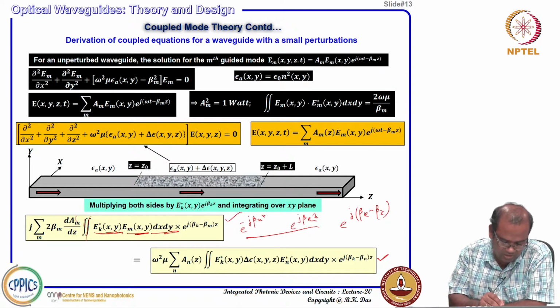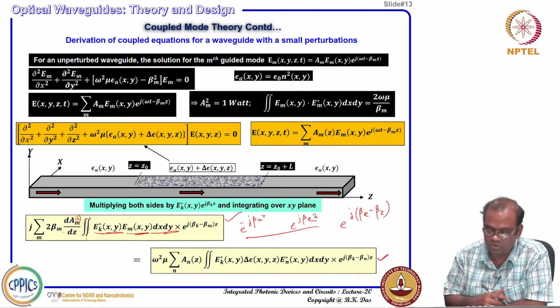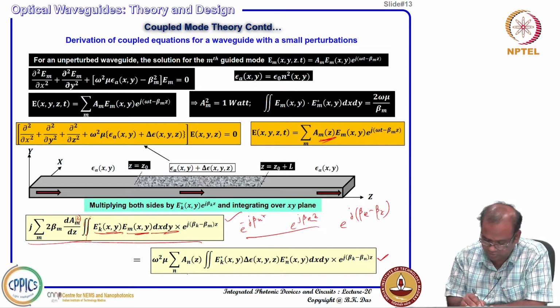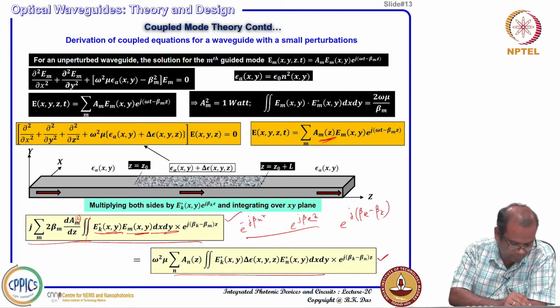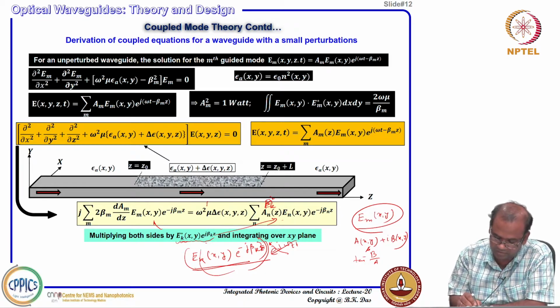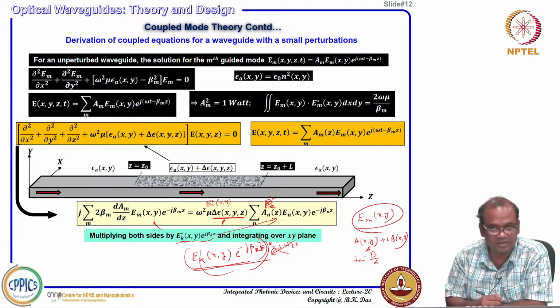Obviously this is the slowly varying amplitude of every mode, the derivative of that we are having, and both sides have summation. Here also you multiply E k star x y, and on the right hand side you have delta epsilon x y, the perturbation term.